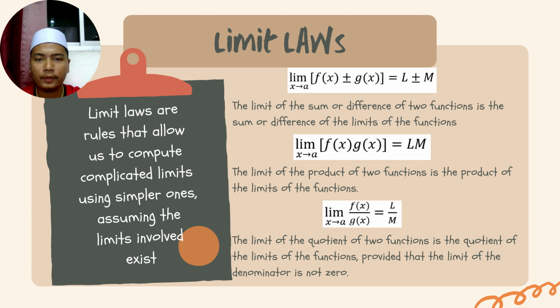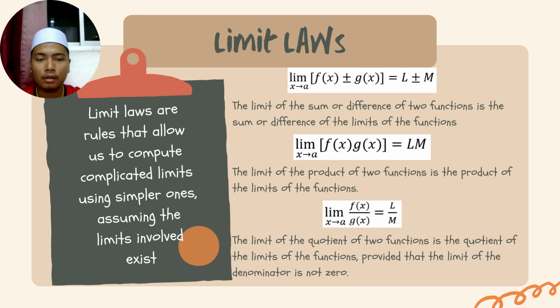Limit laws have three laws. The first law is sum or difference. The limit of the sum or difference of two functions is the sum or difference of the limits of the functions. The second law is product. The limit of the product of two functions is the product of the limits of the functions.